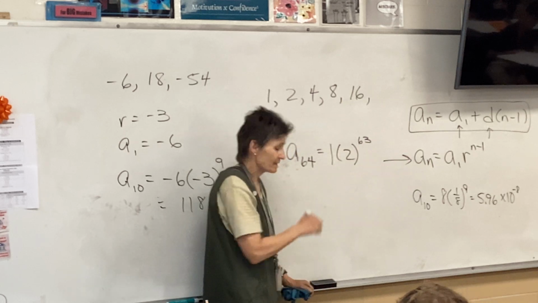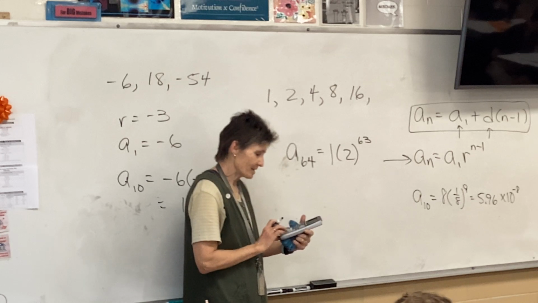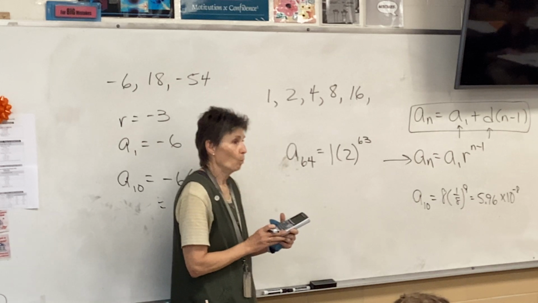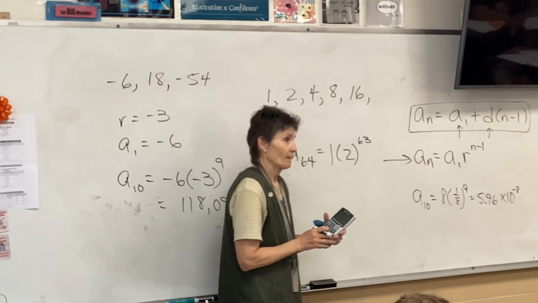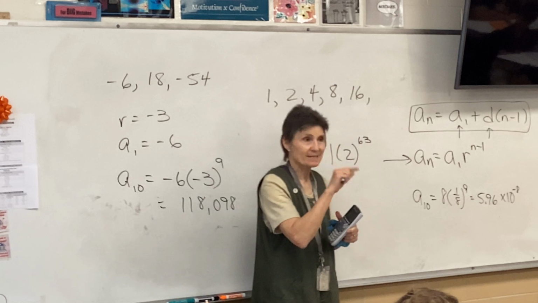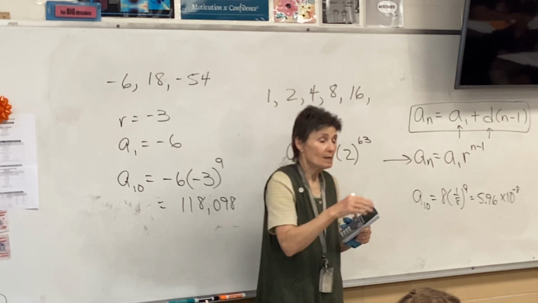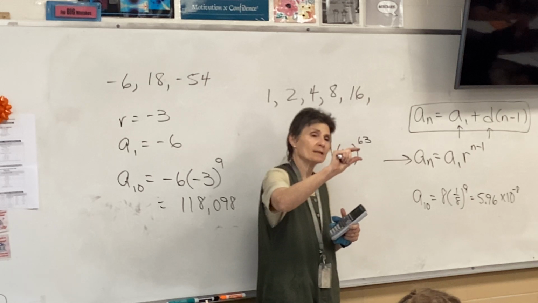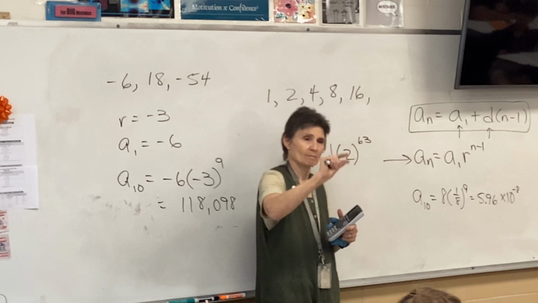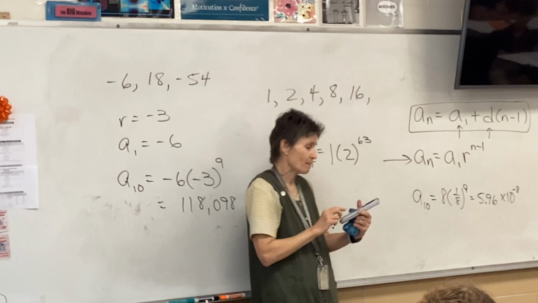Okay, well, let's type that in on our calculator. What is 2 to the 63rd? Whoa, that's a very big number. But remember, that's not a distance. That's how many checkers are on the board. So let's say you can get 3 checkers in an inch. I'm making that up, I really don't know. Let's just say 3 checkers make an inch.